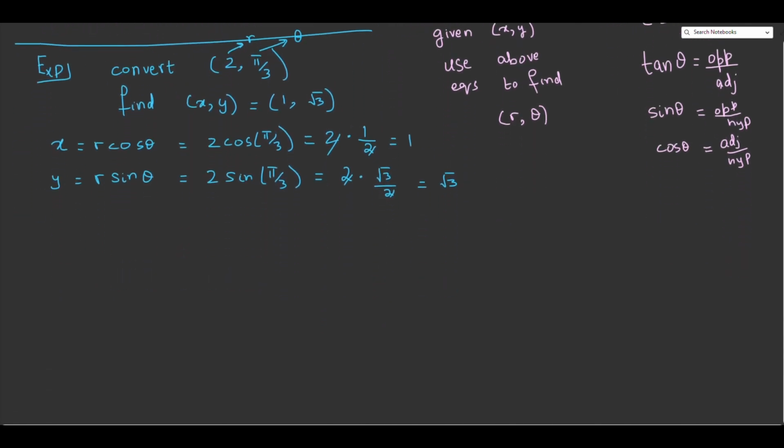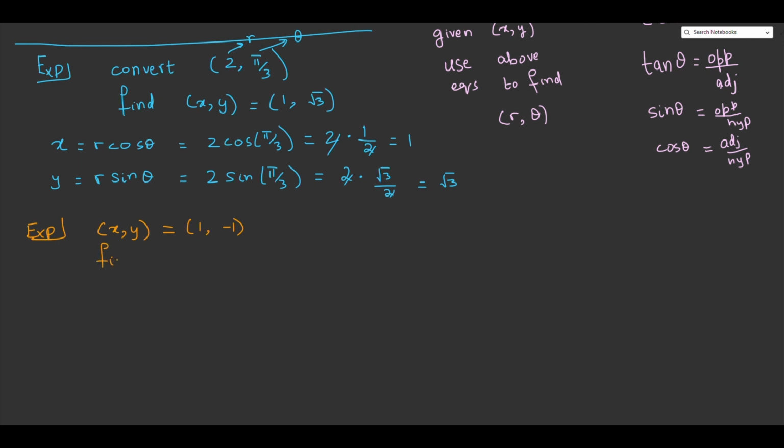Okay, now let us do a second example. In this example we are given the Cartesian coordinates of a point, xy equals (1, minus 1), and the question is that you need to find r and theta.